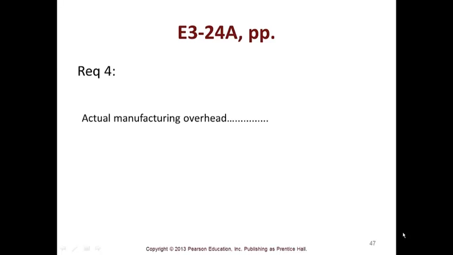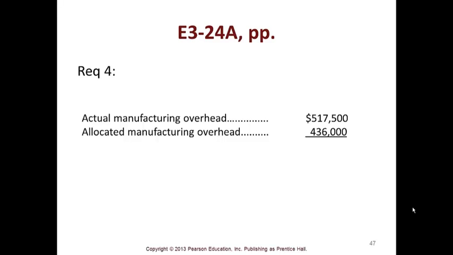Requirement number 4 is asking you, were the jobs overcosted or undercosted? By how much? Okay, you had actual manufacturing overhead of $517,500 from the previous requirement. Allocated manufacturing overhead was $436,000 from a previous requirement, giving you an underallocated manufacturing overhead of $81,500 because this number is less than the actual.